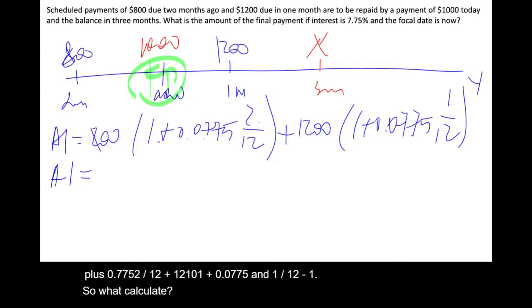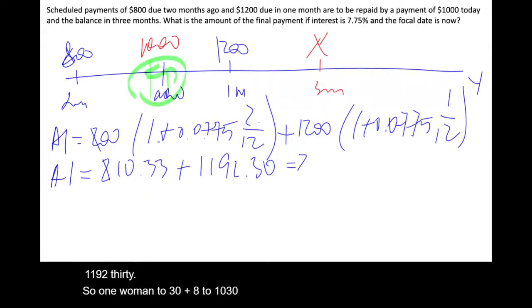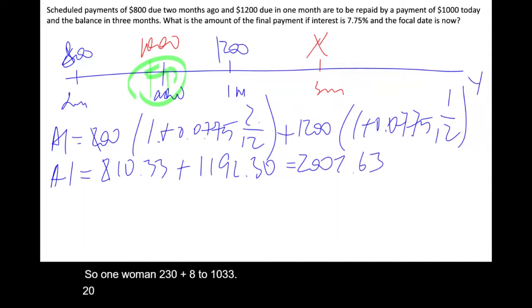Plus 1 times 800, 8, 10, 33, plus times 119230. So 119230 plus 8, 10, 33, 200263. So that's agreement 1.